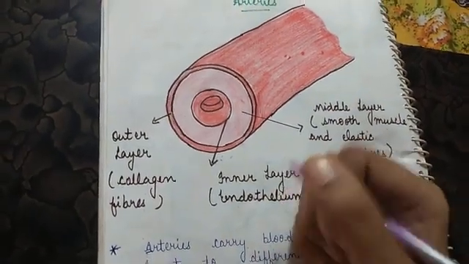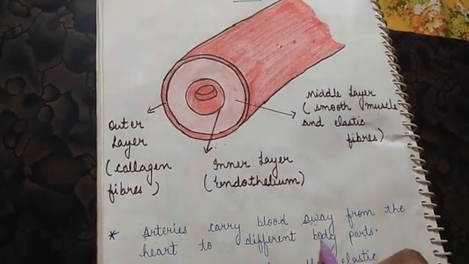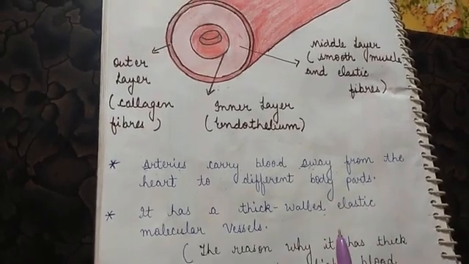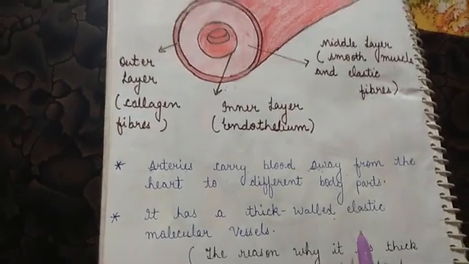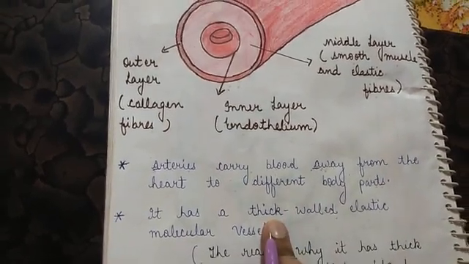In the same way, when the blood flows from the arteries towards the body, it has a very high blood pressure. And to handle that high blood pressure, the walls of the arteries need to be thick.